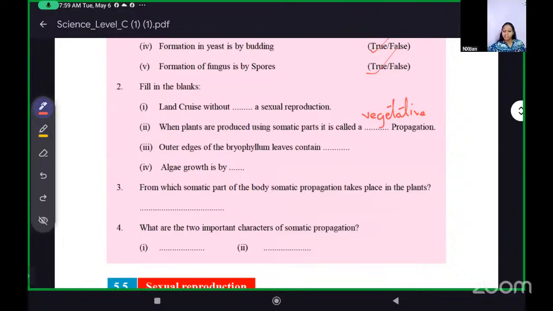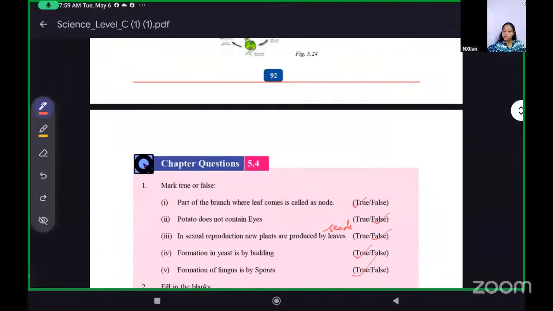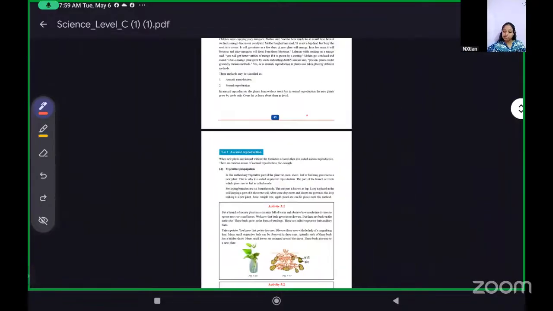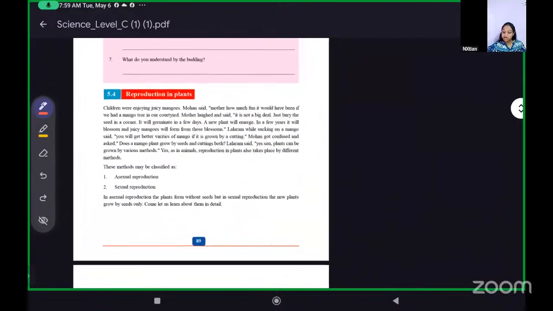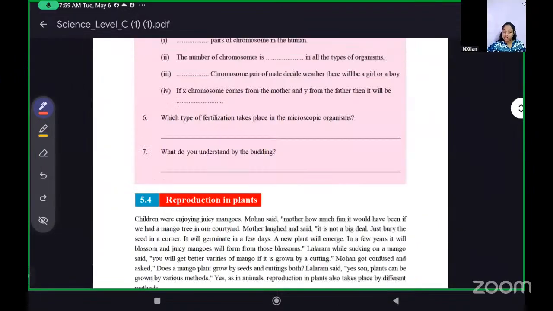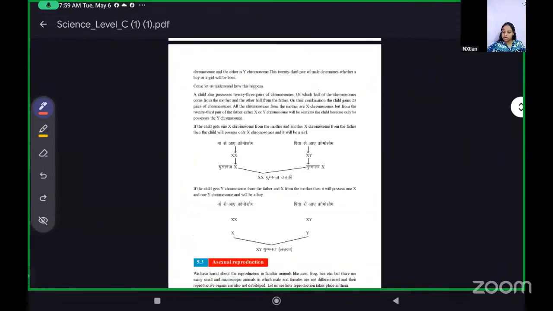Okay. Next, outer edges of the biofilm leaves contain dash. Plants. Yes, we can say new plants, but saplings. Let's quickly check it out.